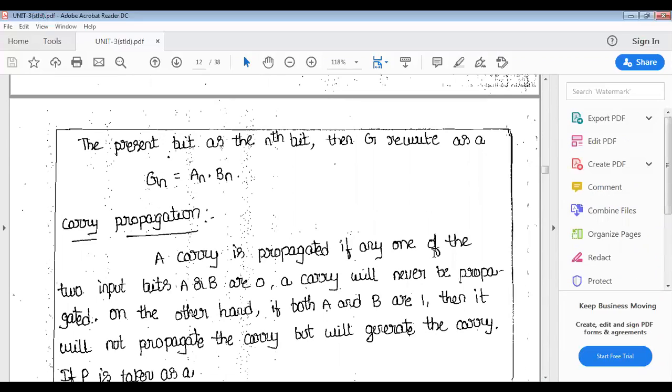Following, my dear students. So that is the first AND gate output, the carry generate, by taking the two inputs An and Bn.